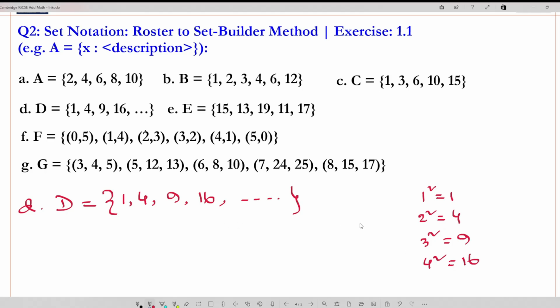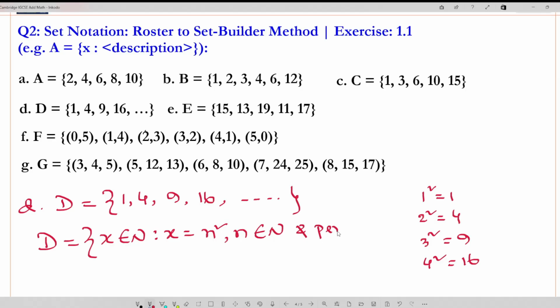So all are perfect squares. So we can write D is a set whose element x is a natural number such that x equals n squared, right? n is also a natural number, because the answer is a natural number and a perfect square.